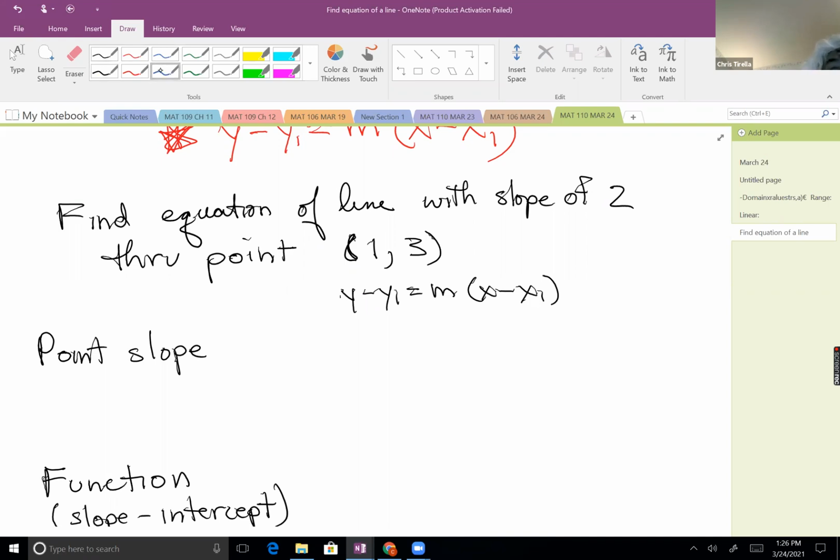I apologize. Looking at the given information, we know the slope is 2. If my point is 1, 3, does it make sense? X1, the X value, is 1. Y1, the Y value, is 3.